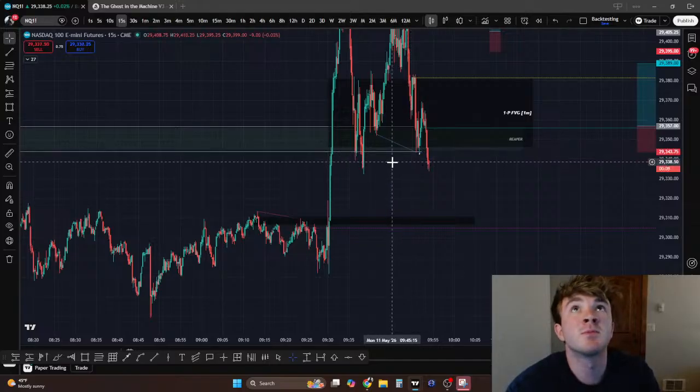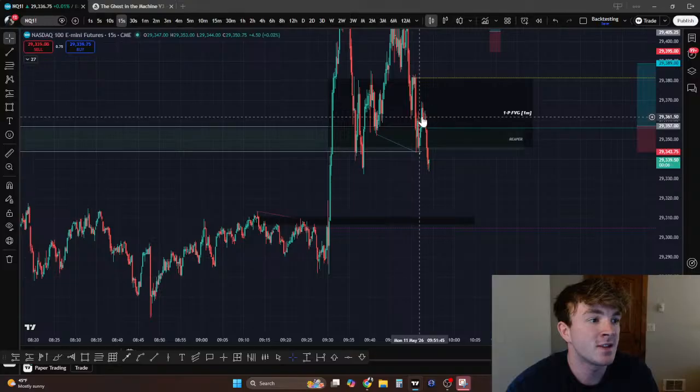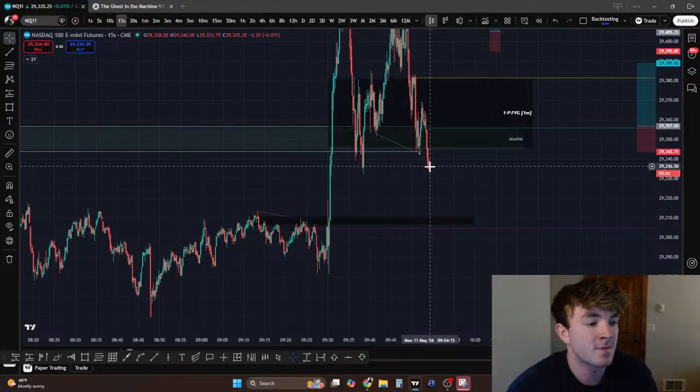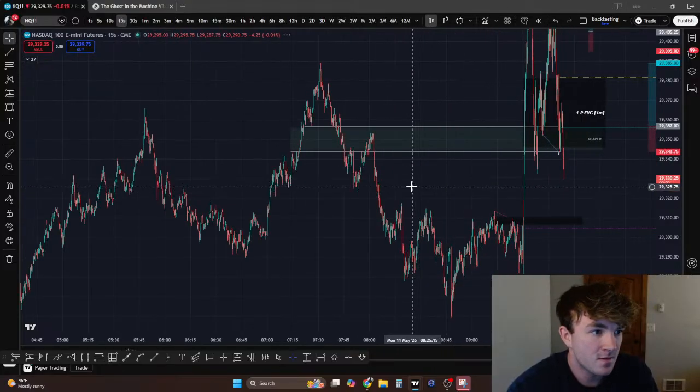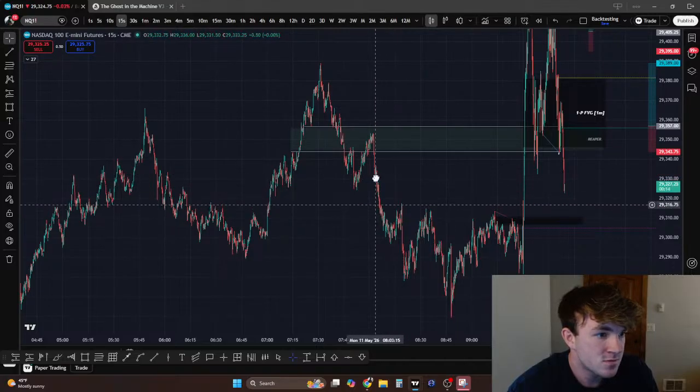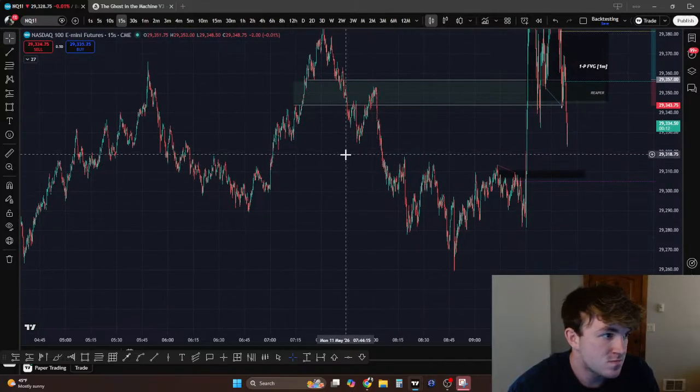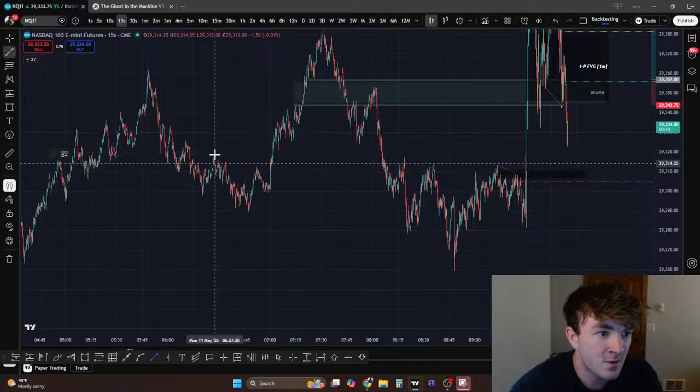We did get some more market sells, some whales that were stuck here, so those whales might be trapped. We might actually want to look at this.